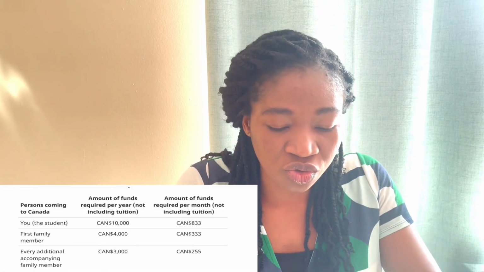Now we are going to look at it with 3 or 4 scenarios. Okay, so if you are coming to Canada as an international student, you can come alone. If you are one person, just you, the student. So the first scenario is if you are coming alone as a student, how much do you need?